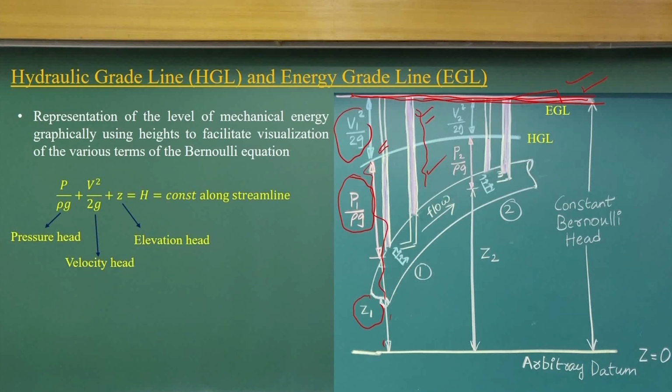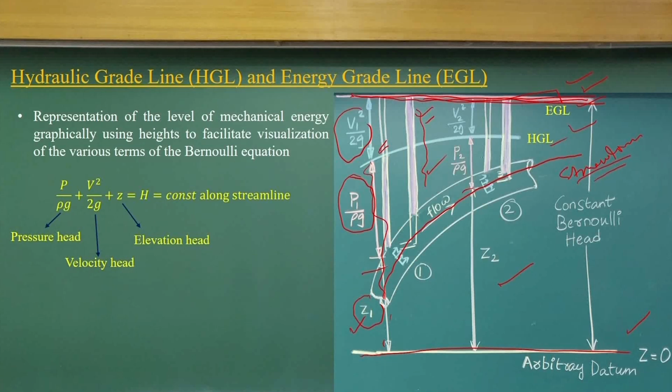Many times you can consider a datum from where you can compute Z1, Z2, the elevation heads. That means we define a streamline, then we are just drawing the energy gradient lines for this streamline.